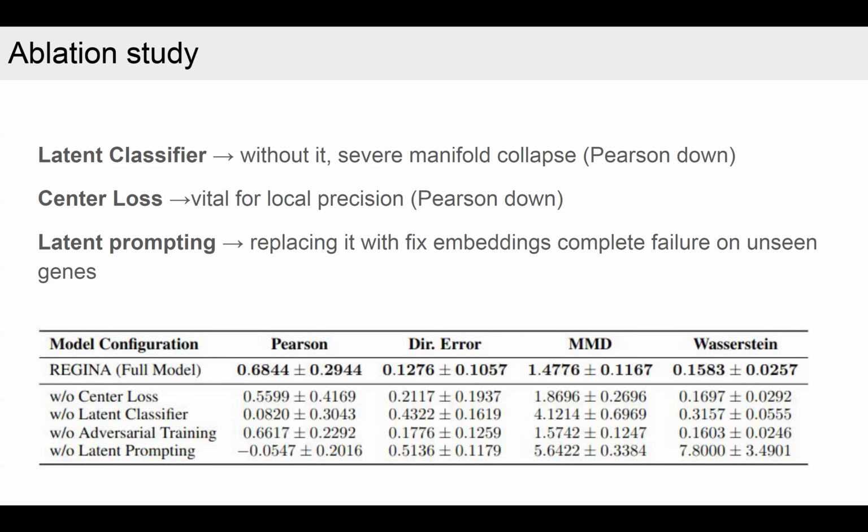The Pearson correlation went down dramatically, but also if we omitted the center loss, we had very bad results, like the Pearson went down. And the latent prompting is also a very crucial part of the model. If you are replacing it with fixed embeddings, like additive linear vectors, the results are getting worse.